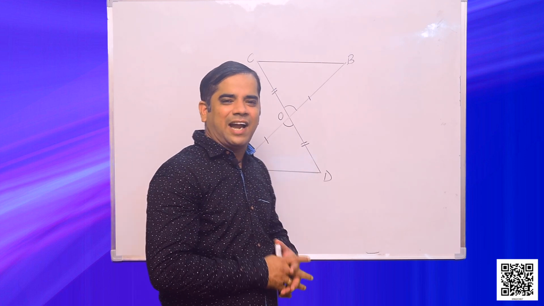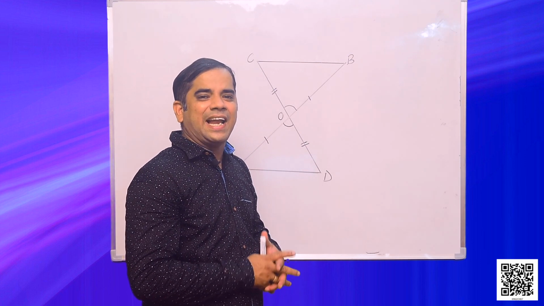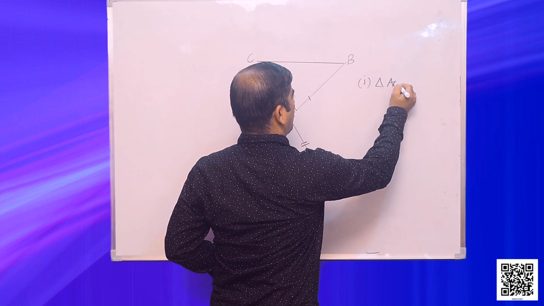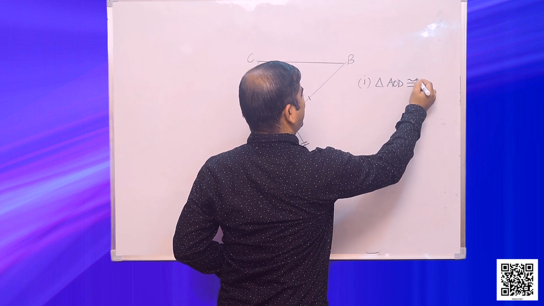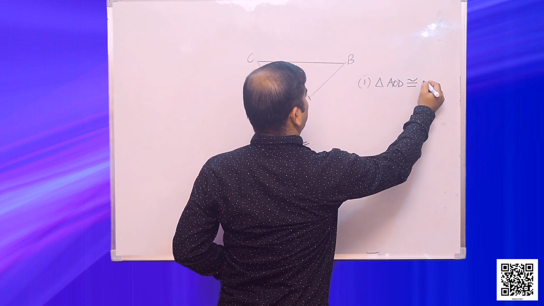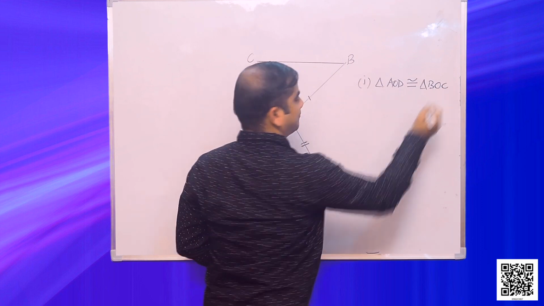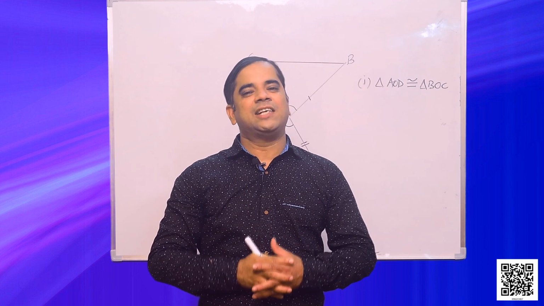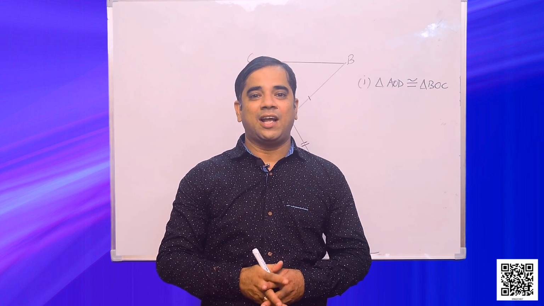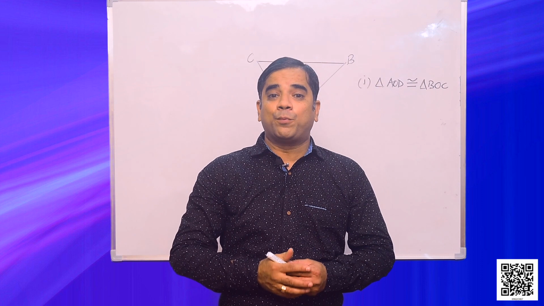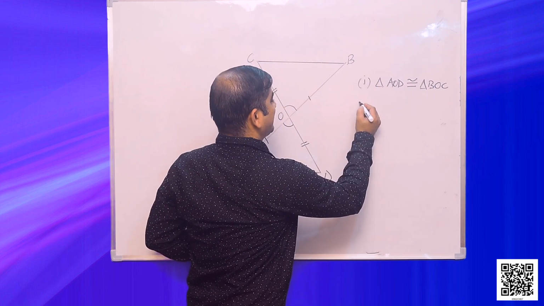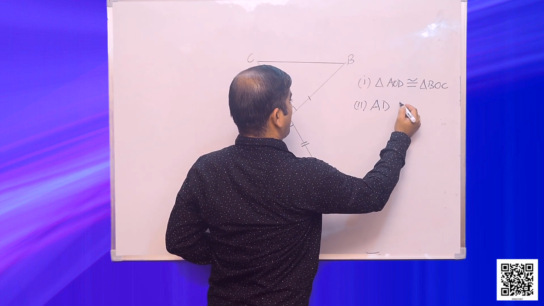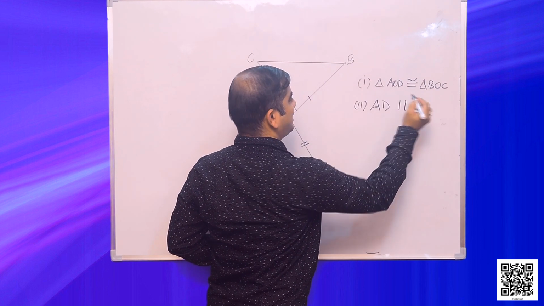And it asks us to prove triangle AOD is congruent to triangle BOC, and hence we need to prove that AD is parallel to BC.